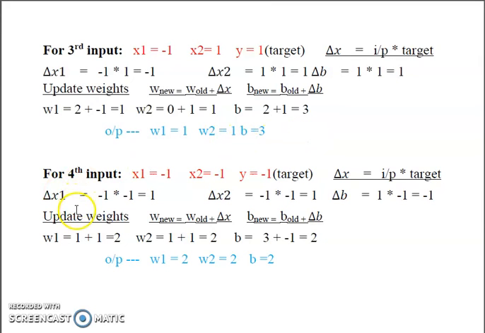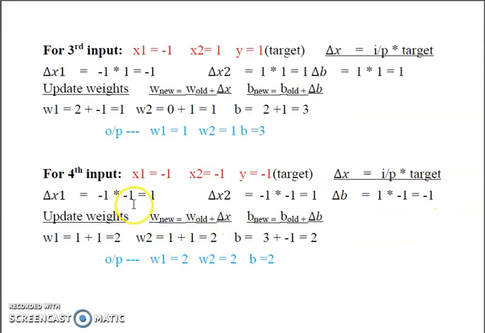And when you take the fourth input, x1 is equal to minus 1, x2 is minus 1, x0 is 1, and y is equal to minus 1. So when you calculate minus 1 into minus 1, delta x1 becomes 1 and delta x2 also becomes 1. And delta b is x0 into the target, so 1 into minus 1 is minus 1.